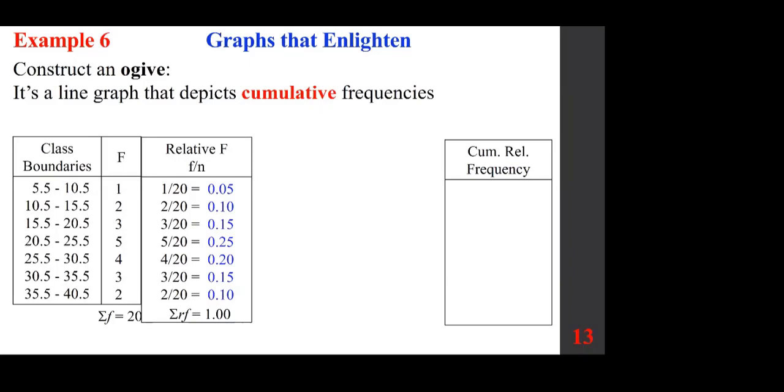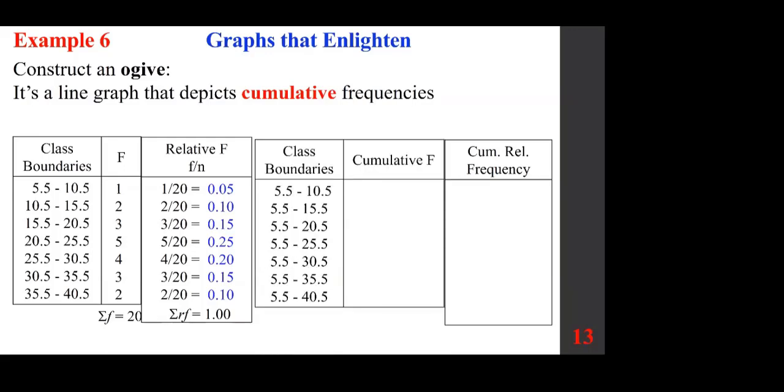So you keep the lower boundary of the first class, and it becomes the lower boundary for each and every one of the classes. The upper boundaries remain intact, and then you add up the frequencies. The first class, the frequency is 1 and it doesn't change, but the rest of them you add up.